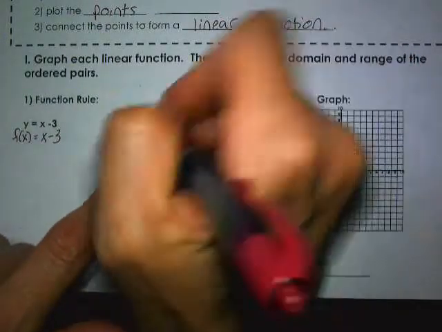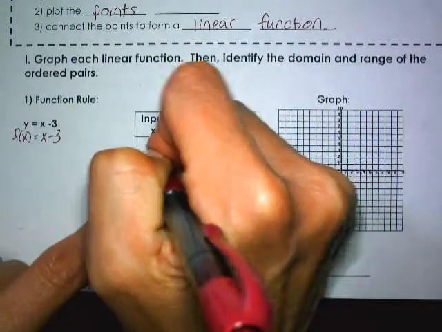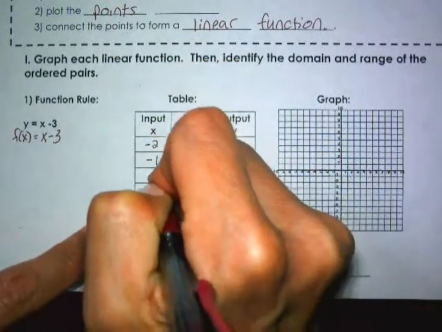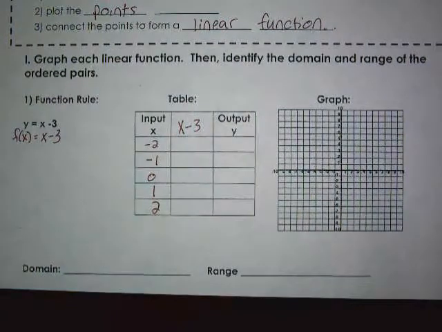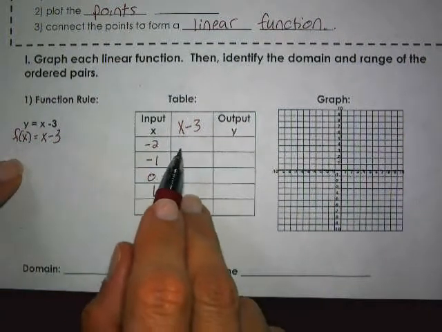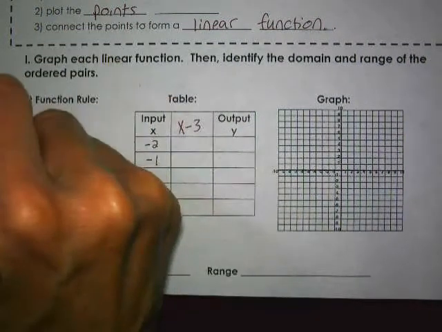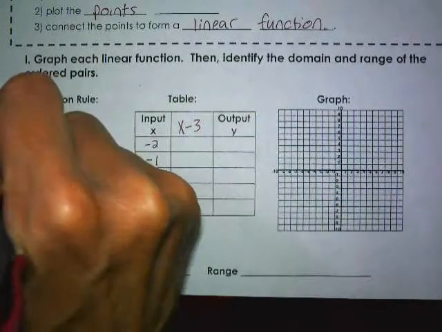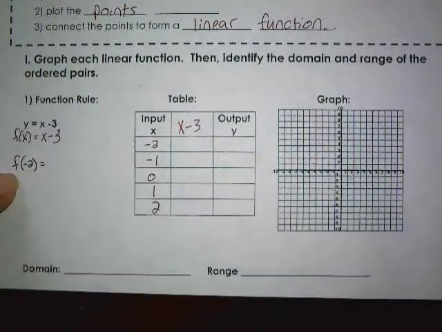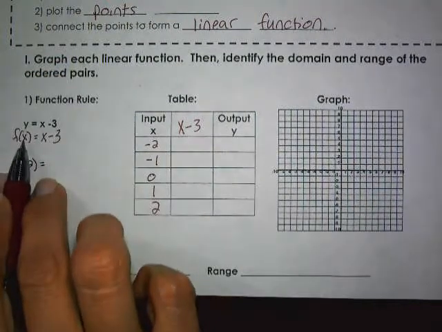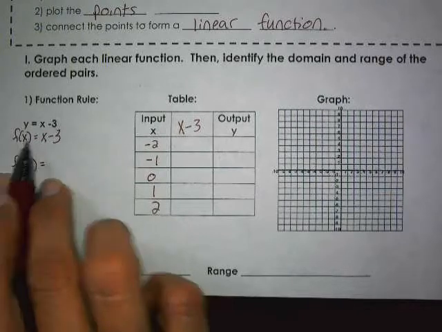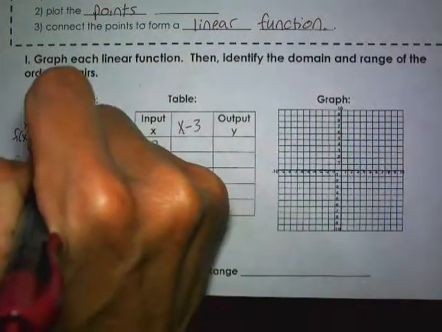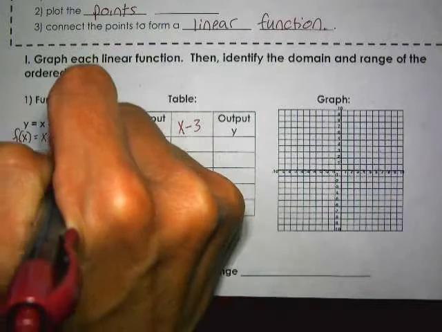And I'm going to pick points just like you've done a ton of times. We're going to create a table. If you're using function notation, we would say, what is f of negative 2? So we're taking -2 and plugging it in for x. So over here where I have my x, I'm going to put -2.